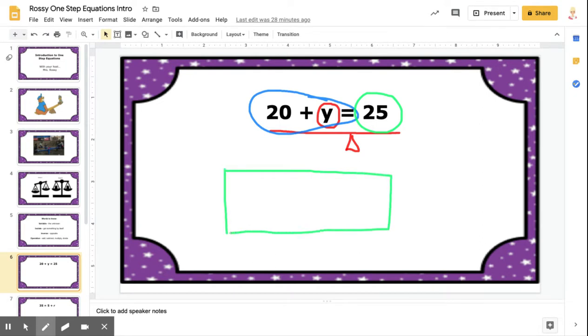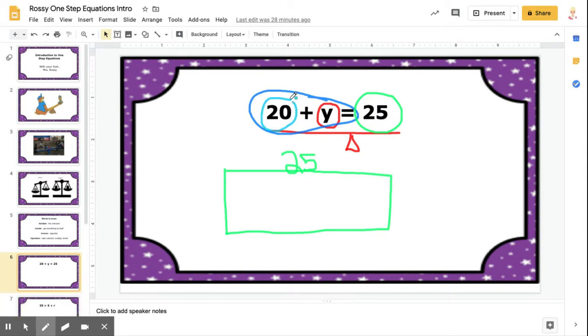If this entire rectangle is our total, what is your total here? 25. So I'm going to put a big 25 on top. And we've done this in class before, so this model should look familiar to you. If 25 is my total, the part that I know is this part right here, this 20, and I'm going to highlight it again.